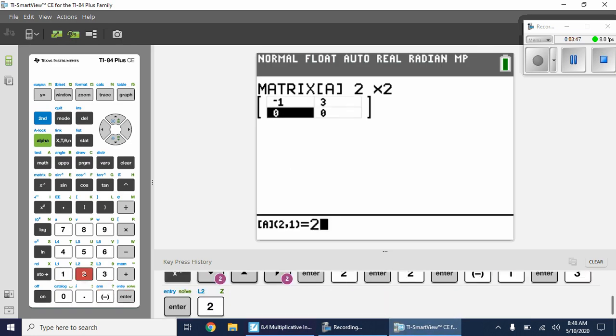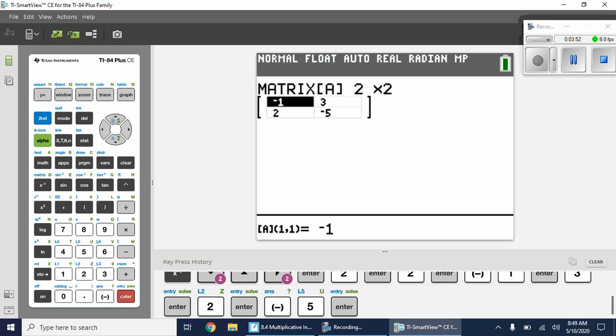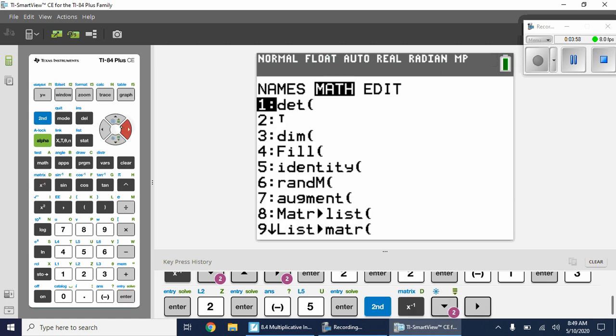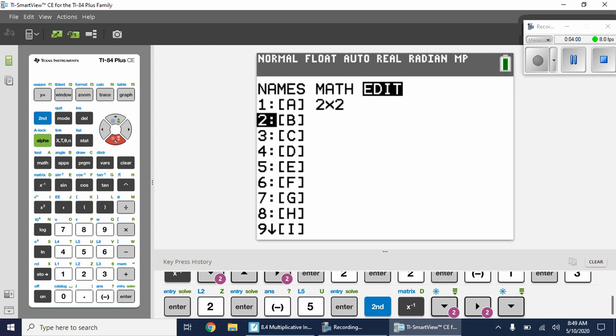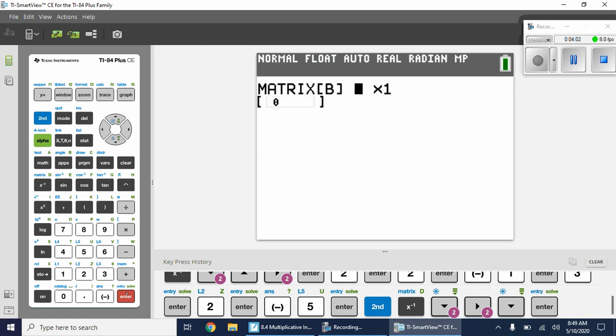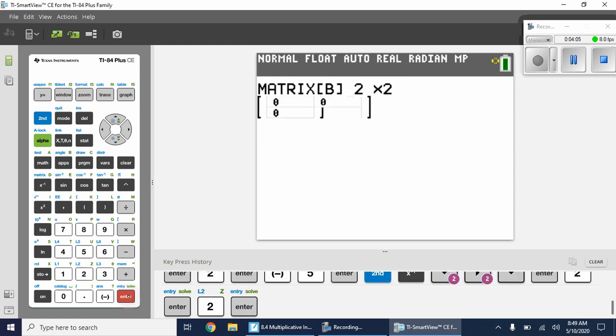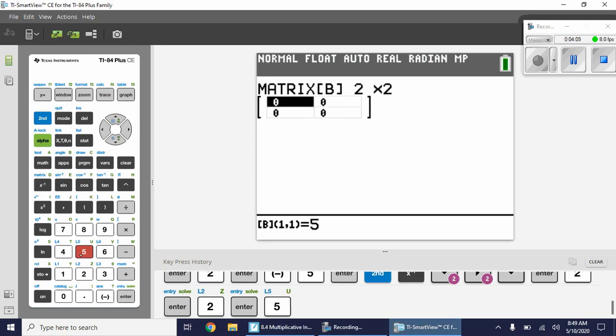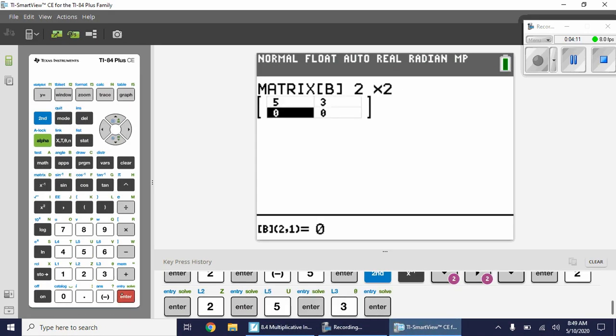So that's how we get matrix A. Then once again, second, matrix, go to edit, go to matrix B, hit enter. It's another 2 by 2. The numbers are 5, 3, 2, 1.